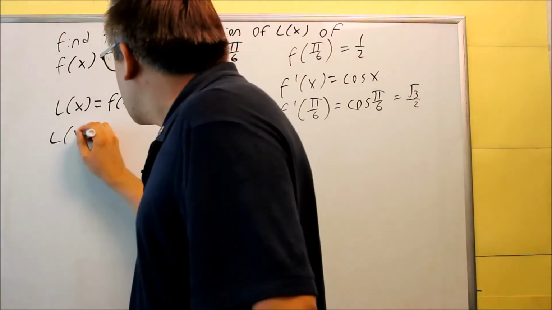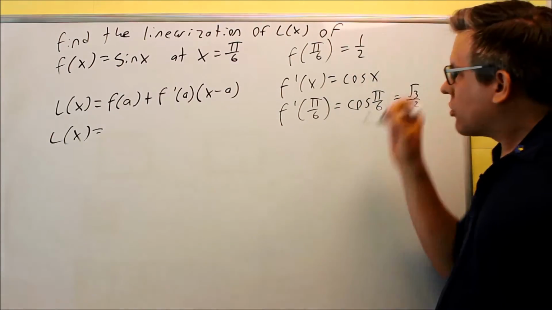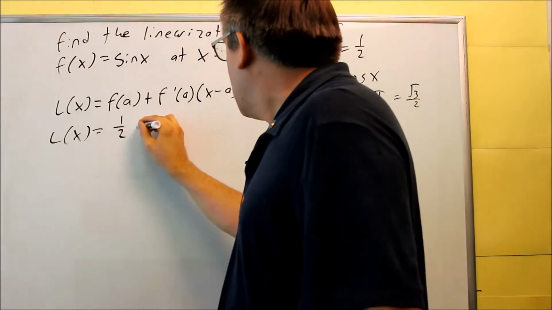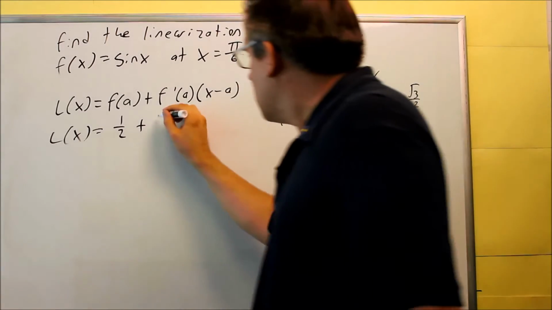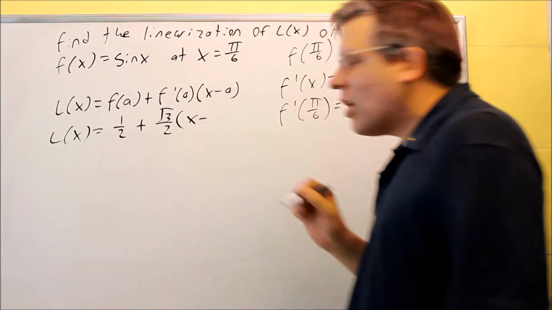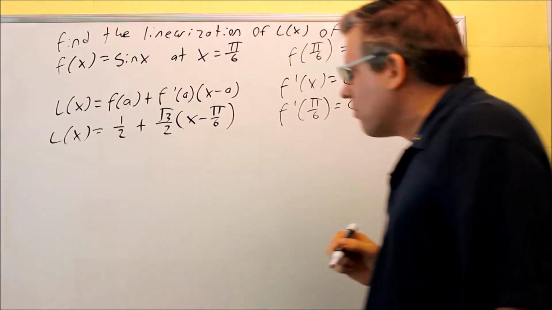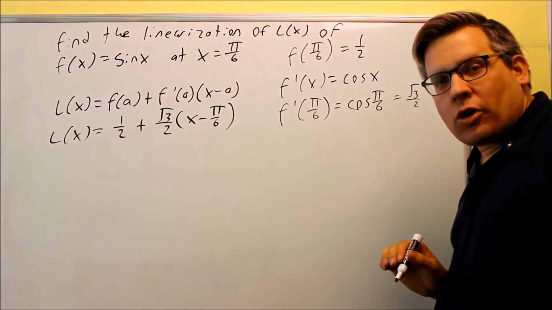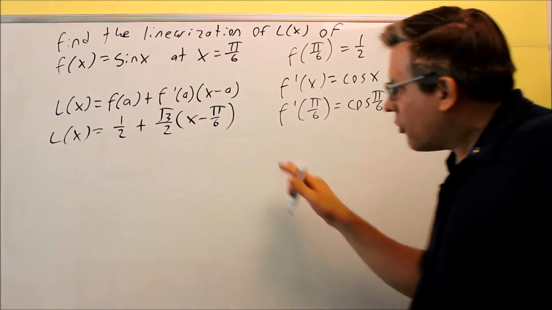So L of x. F of a, we said, is 1/2, so we're just going to write 1/2 there. F prime of a, that's our root 3 over 2. So root 3 over 2, and then x minus my a value, again a is pi over 6. So I have this right here. Now it's just a matter of cleaning it up. We're going to put it into slope-intercept form if it asked for that.